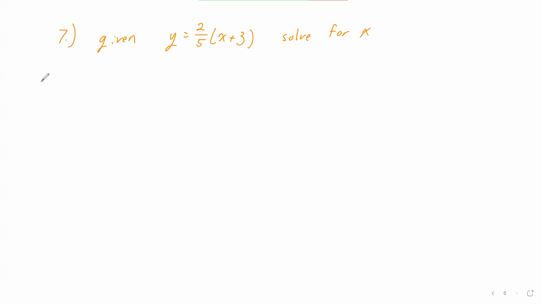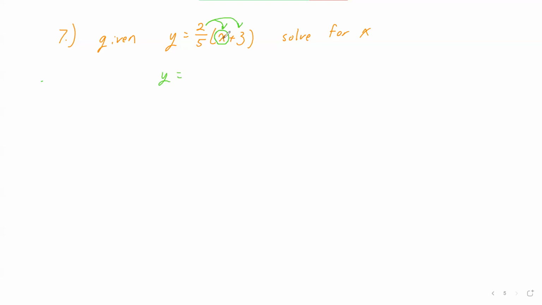All right, this is kind of like what we saw earlier with the Fahrenheit question. So I'm going to circle my x. That's the guy I'm trying to solve for. So you tell me what you want to do first. Okay, I like it. We'll distribute. Get rid of those parentheses.